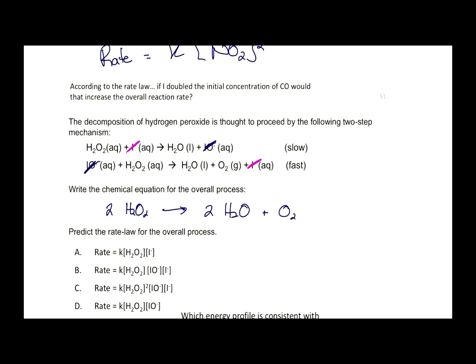So IO minus is what kind of species, since it doesn't show up in our overall equation? It's an intermediate. But what is I minus? It is a catalyst, yeah. And what makes it different? Both of these get canceled out. They're not in the overall equation. But an intermediate, right, IO minus is made and then consumed in the next step. But I minus is a little bit different.